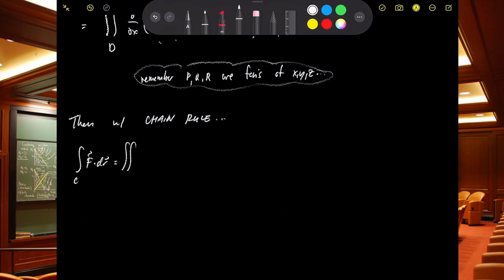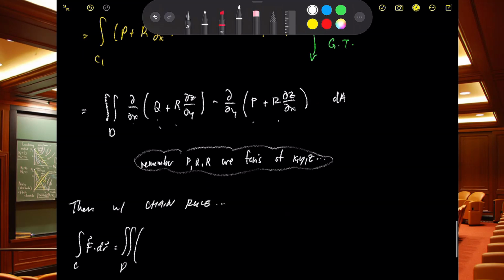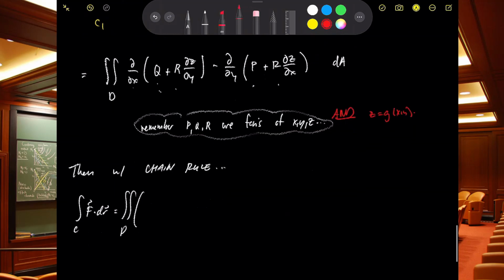Because this thing is going to be equal to the double integral over D of, so if I take the partial of q with respect to x, and the other note here, z is a function of x, y. So in other words, I'll say this quickly, when I differentiate q, I'm going to have a partial with respect to x.